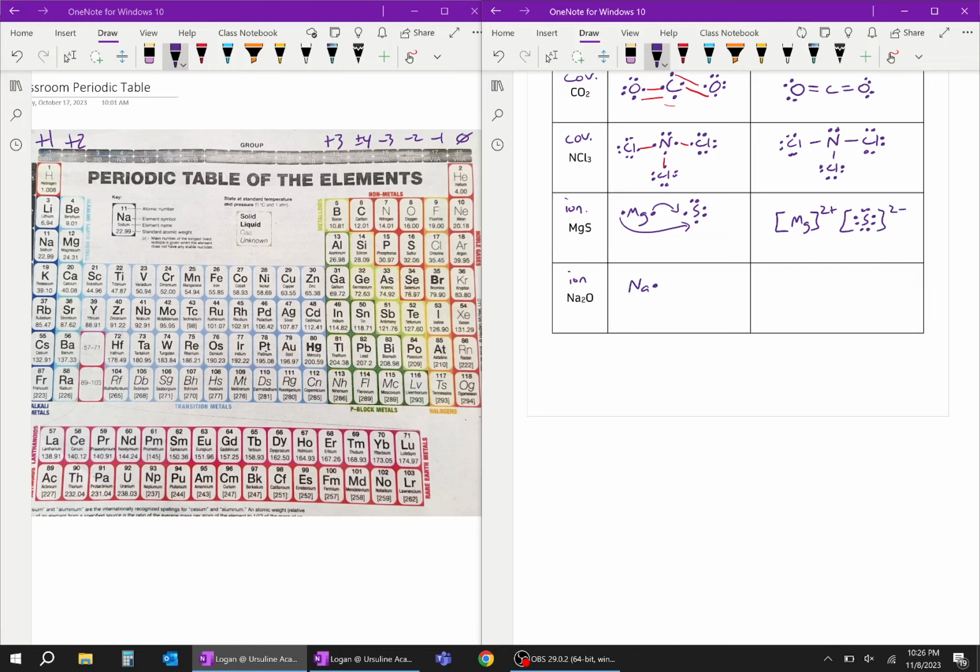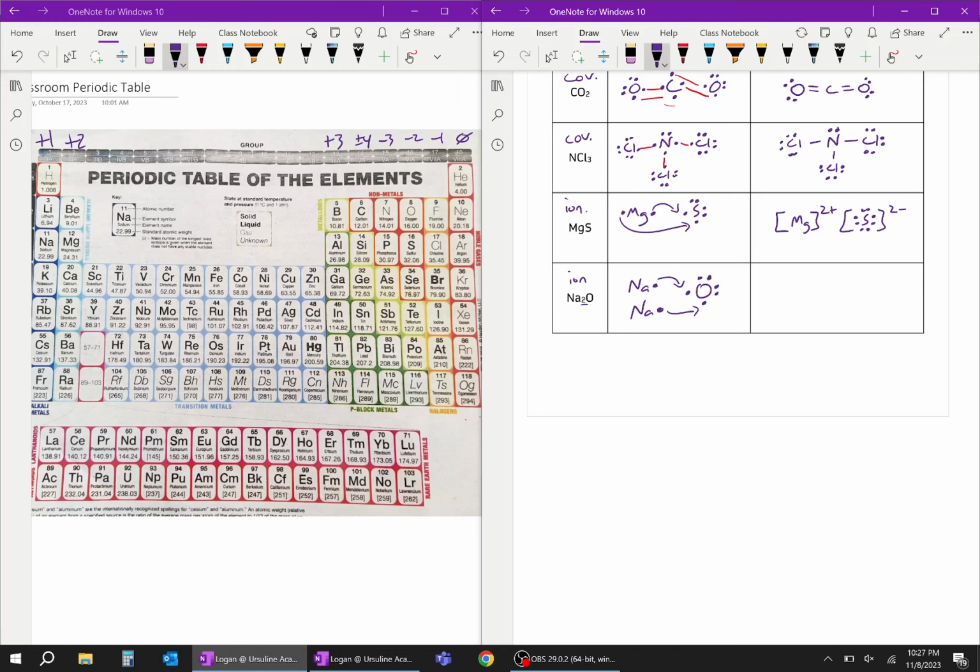Sodium has 1 valence electron. My formula hints that I'm going to need 2 sodiums. Oxygen has 6 valence electrons. Oxygen is going to steal from sodium and also steal from the other sodium.